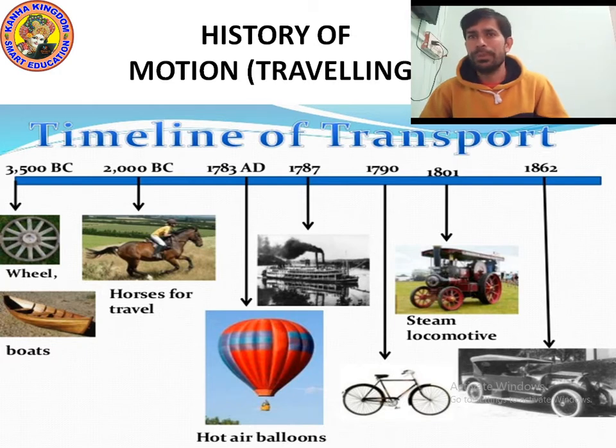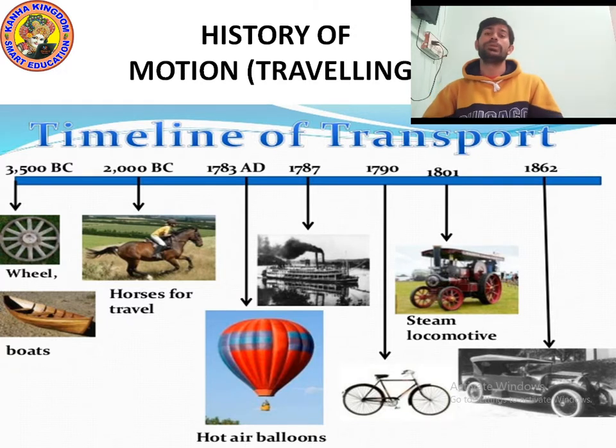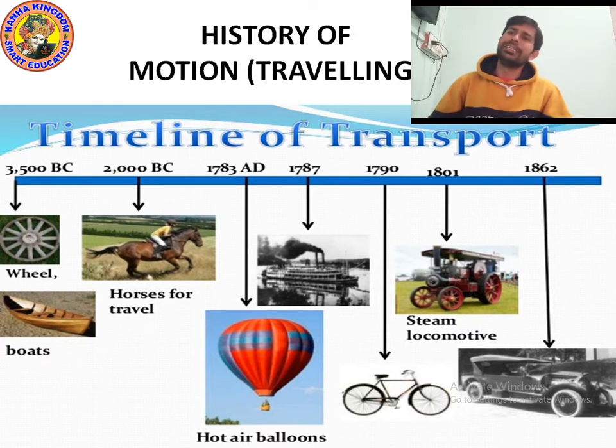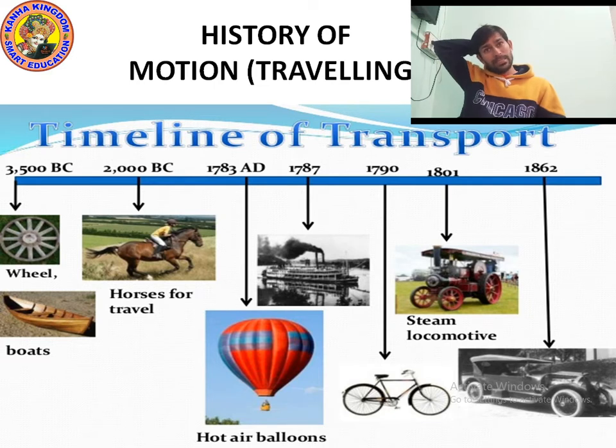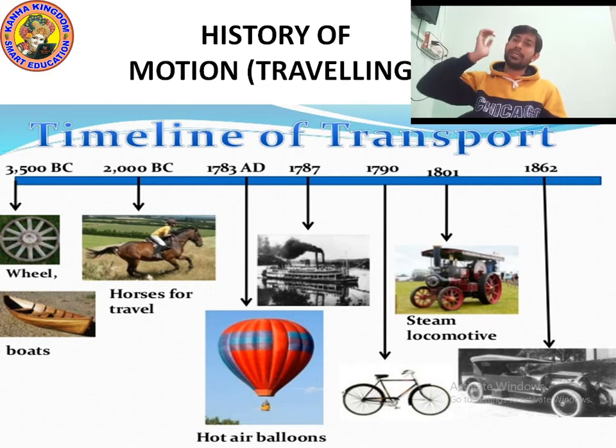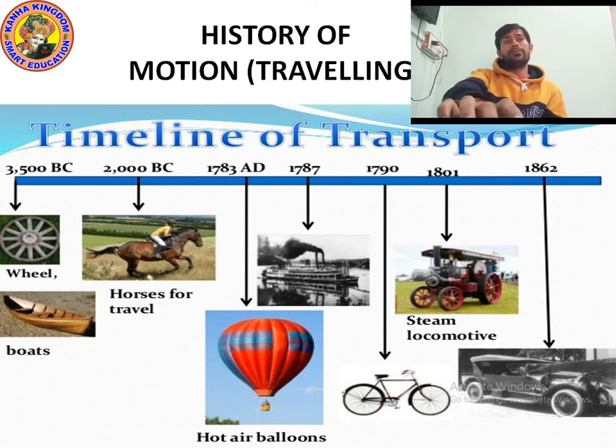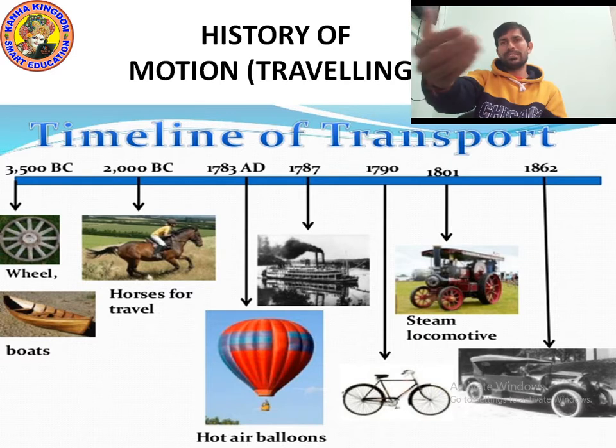If you want to memorize, you can remember that the hot air balloon was made in 1783, the bicycle in 1790, the steam locomotive car in 1801, and in 1903 the Wright brothers made the aeroplane. The bike was made before the aeroplane, in 1867.